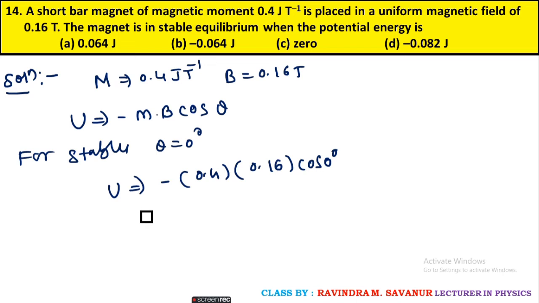Finally, after solving this, you are going to get the answer minus 0.064 joule. Option B. Move on to the next question.